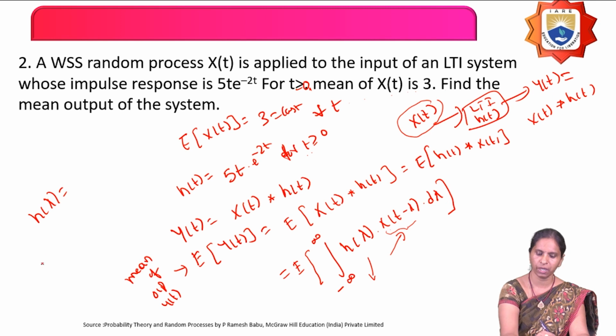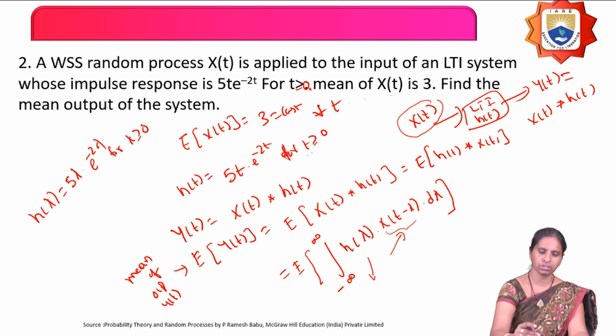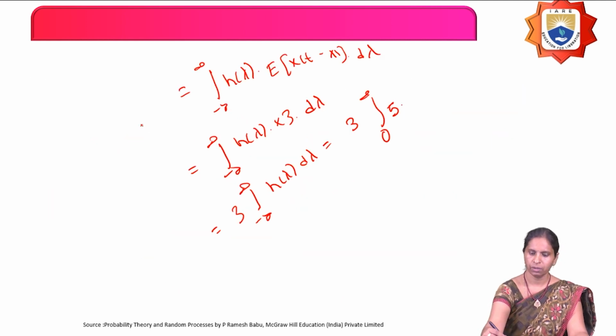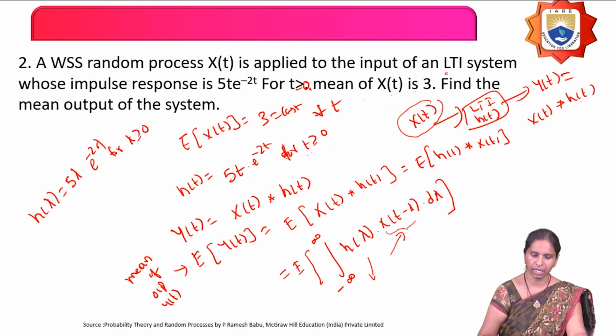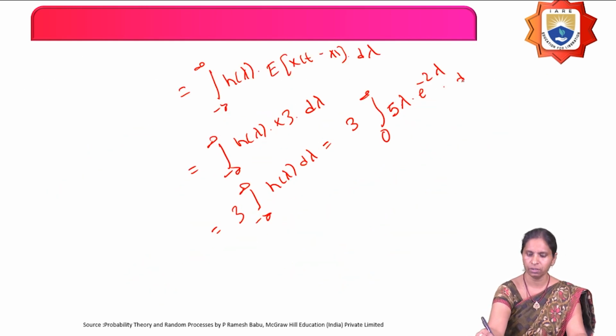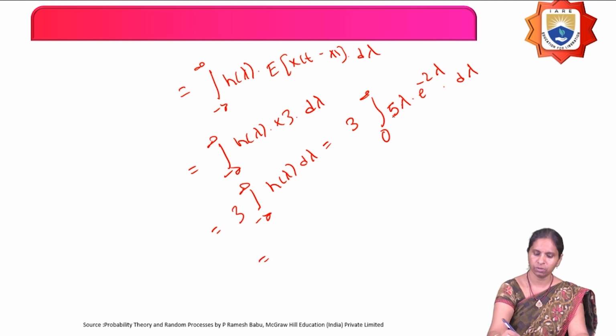Therefore, I can write h(lambda) = 5 lambda e^(-2 lambda) for lambda greater than or equal to 0. So 5 lambda e^(-2 lambda) d lambda. So 3 into 5, nothing but 15, times the integral from 0 to infinity of lambda e^(-2 lambda) d lambda.